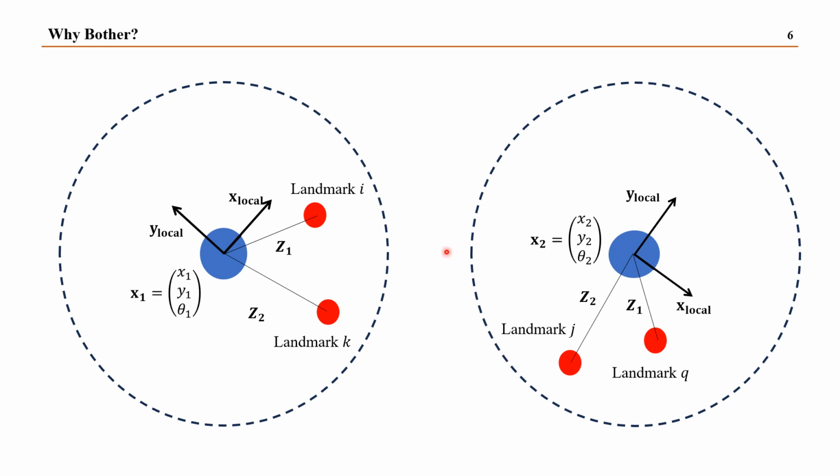Now, the important question is which one actually is true. Why is this important? Because associating the measurement to the correct landmarks would be quite reflected in the update step of the Kalman filter. For example, assume that our real robot is at x1. However, we actually associate these measurements to landmarks q and j.